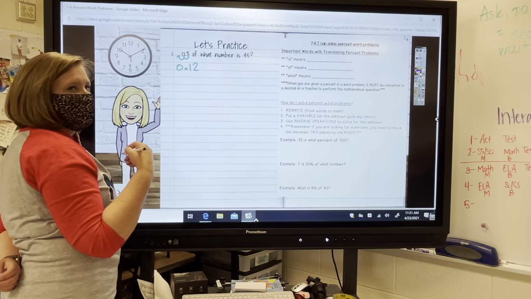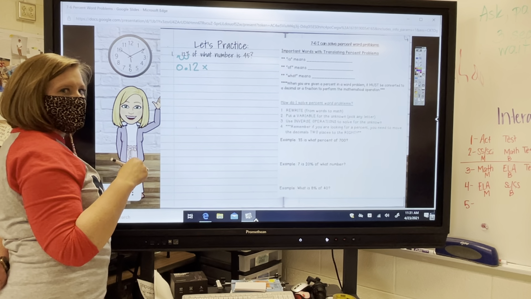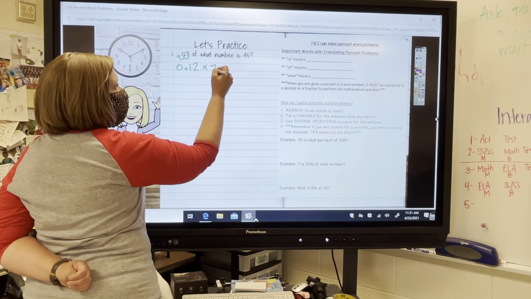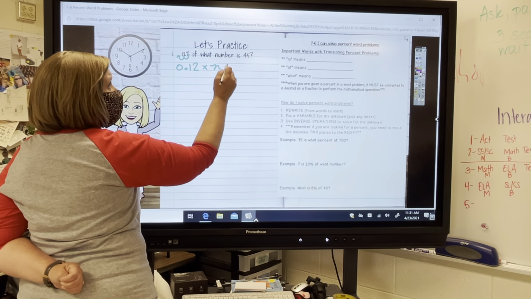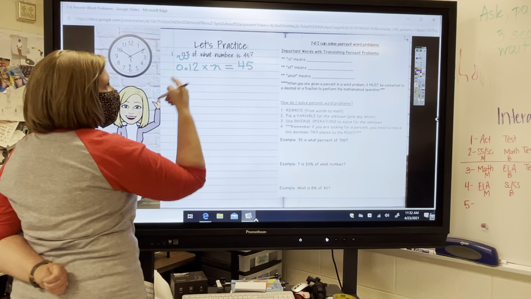What does of mean? Multiply. What should I put in for the number? N. What does is mean? Equals 45.